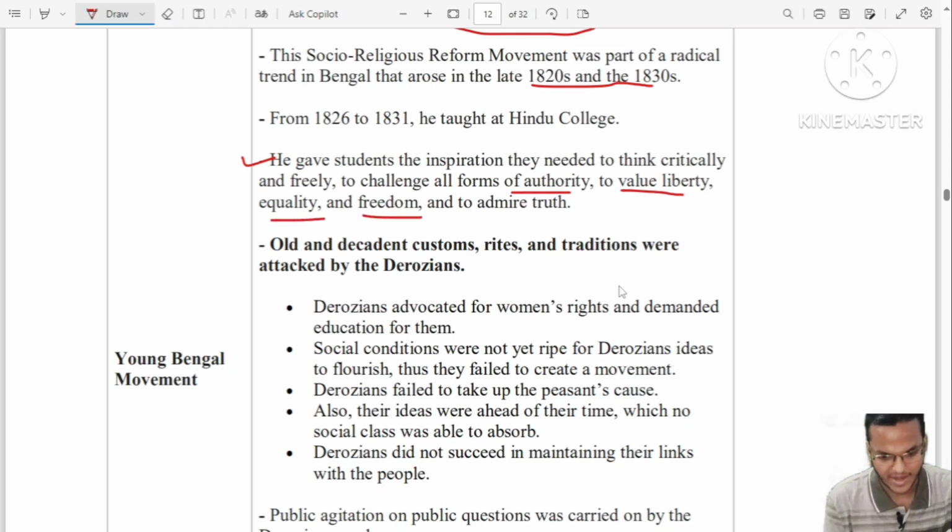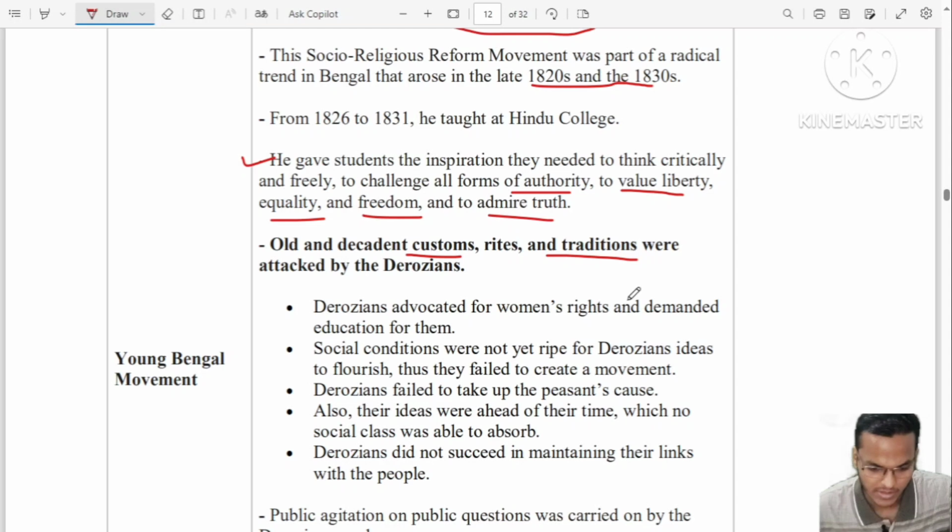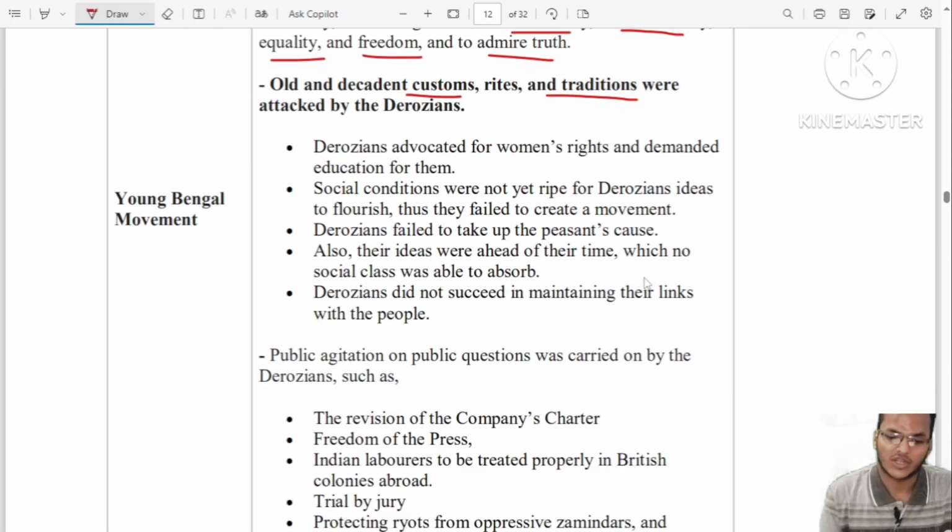He valued liberty, equality and freedom, and admired truth. These were very important points to remember. They attacked old and decadent customs, rites and traditions. He also advocated for women's rights and women's education.